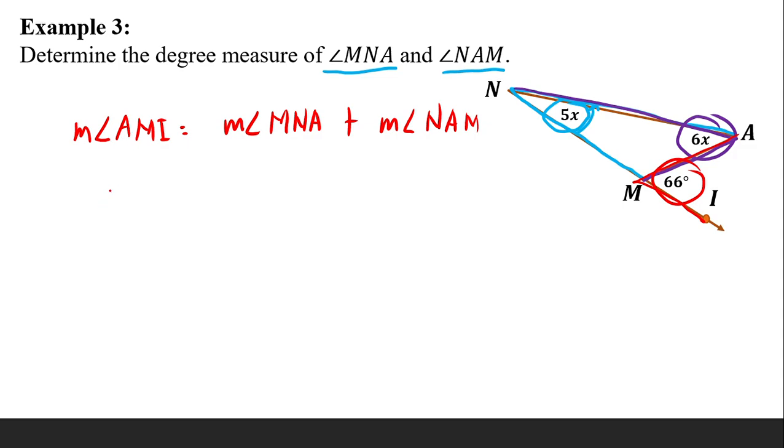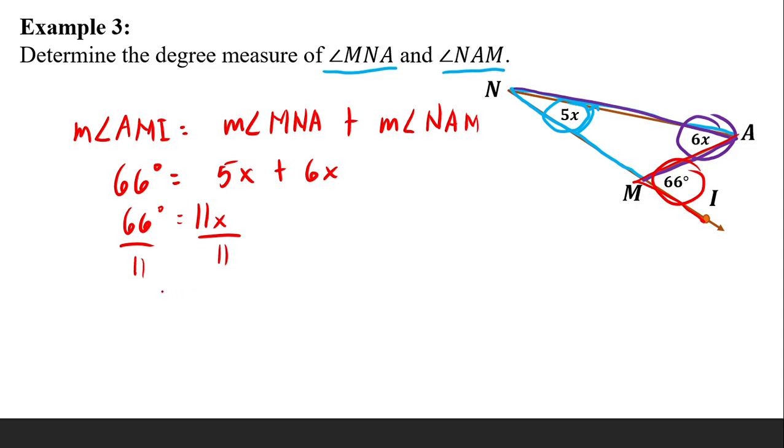Substitute measure of angle AMI, which is 66 degrees, equals 5x plus 6x. Rewrite 5x plus 6x, that is 11x. Then divide both sides by 11, and you will get 6 is equal to x, or by symmetric property, x is equal to 6.